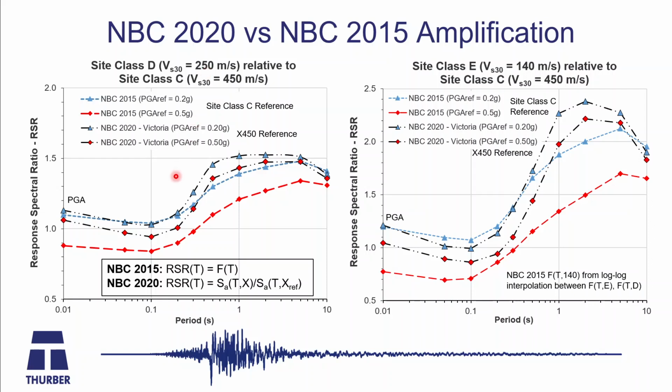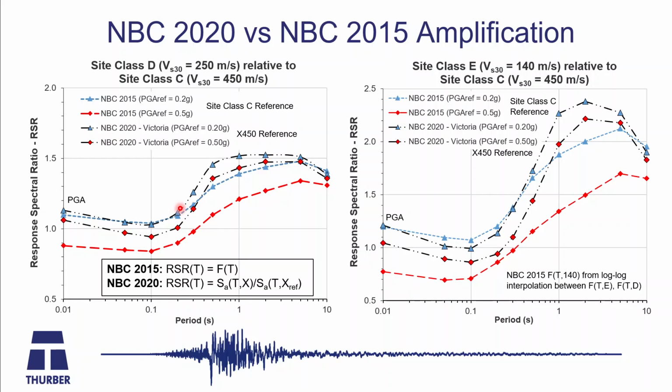So if we do the amplification as a response spectral ratio, RSR, that's basically the ratio of the amplified spectral values divided by the spectral values for the reference ground condition. In 2015, that reference ground condition was site class C.